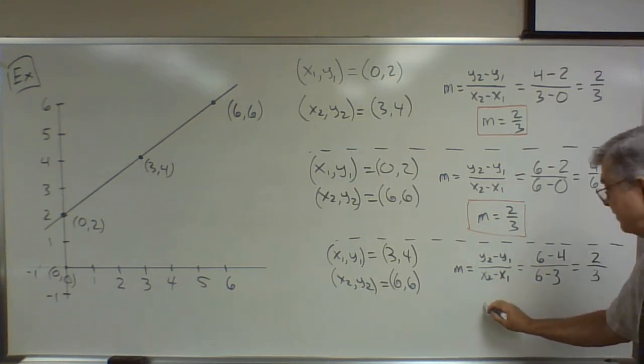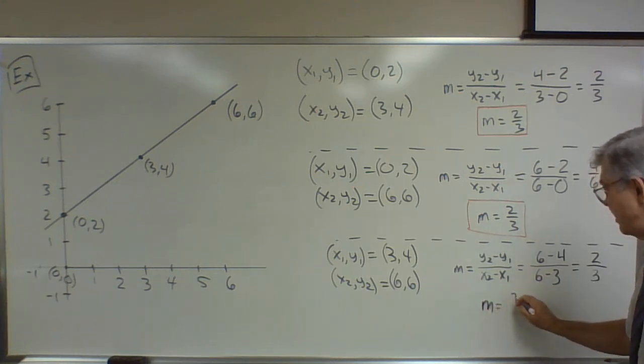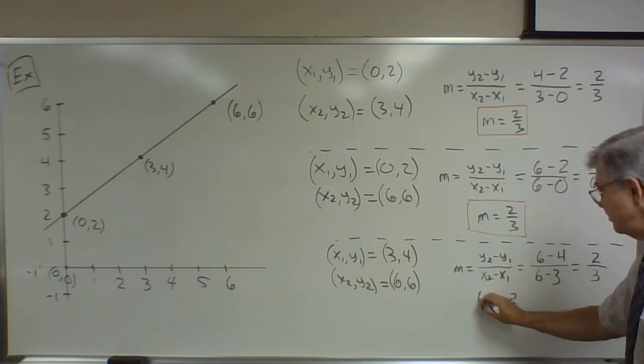So again, we get the slope m equals 2/3.